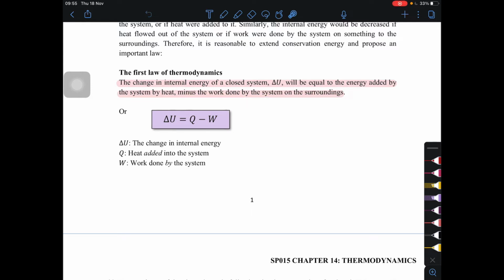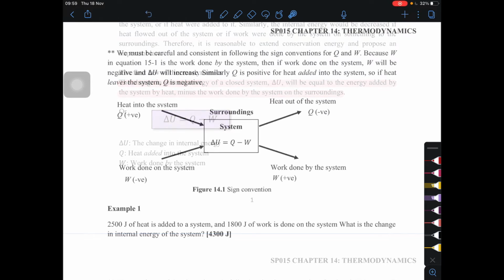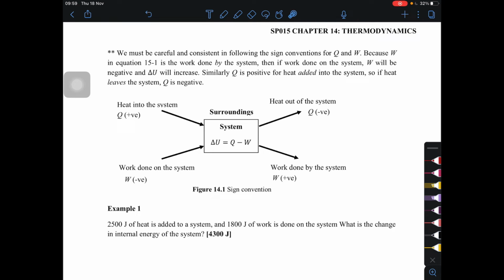Or we can write the equation of the first law of thermodynamics: delta U, the change in internal energy, equals heat minus work done. It's important for you to remember the sign convention whenever we are doing problem solving in this chapter.